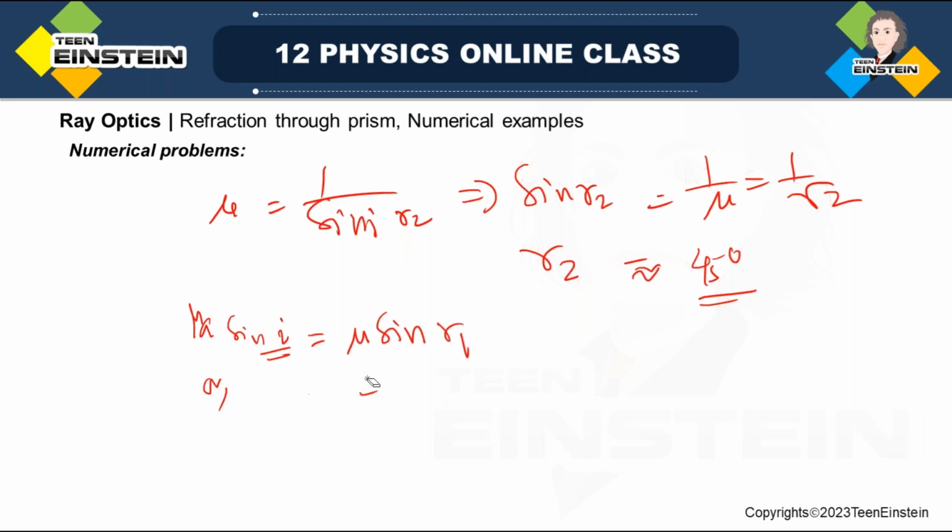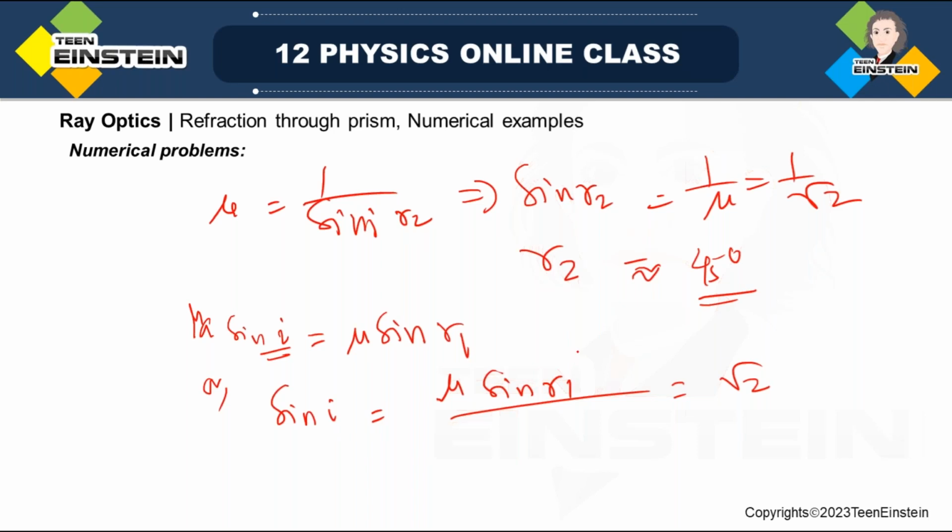We have to find out sine I. So sine I is equal to mu sine R1, and mu is actually root 2.